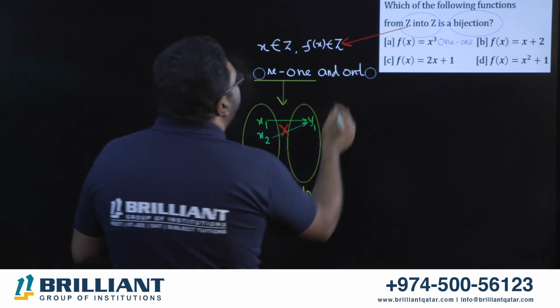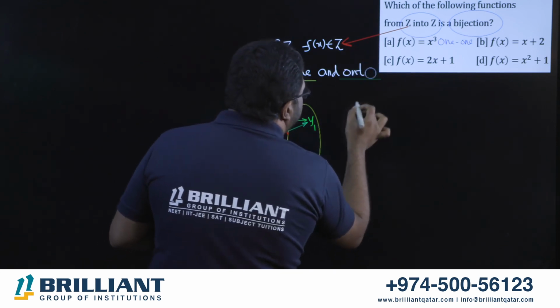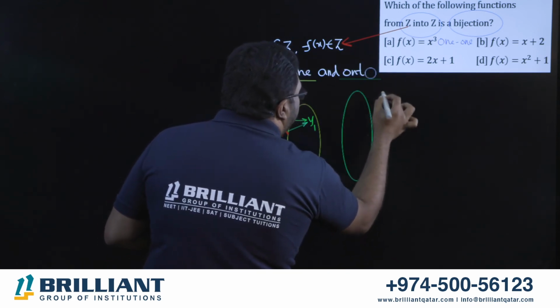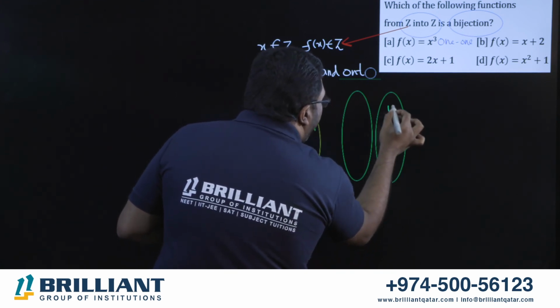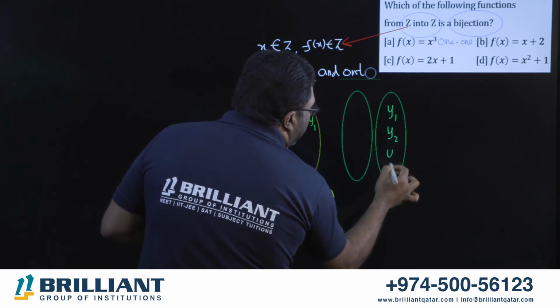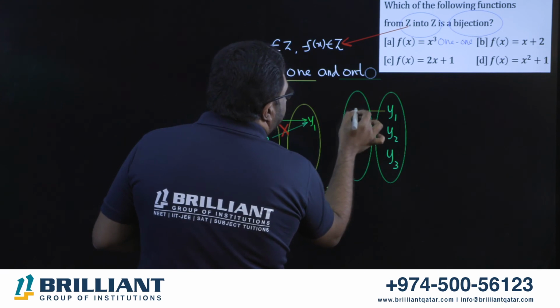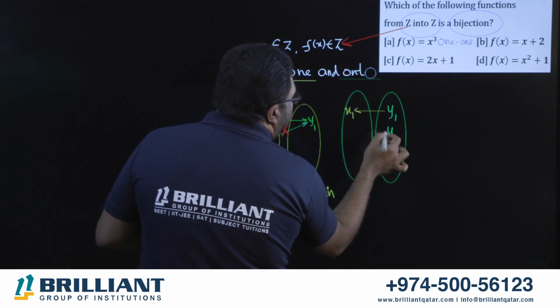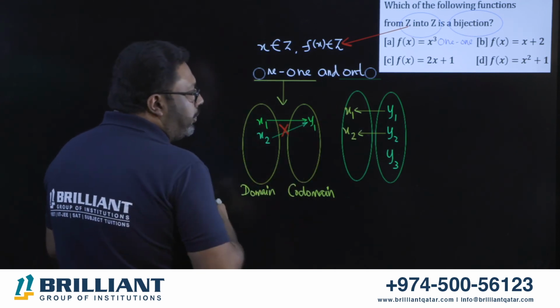What is meant by onto, all of you? Onto means that if I have y1, y2, y3 here, just as an example, there should always be an x which is the pre-image of each y.